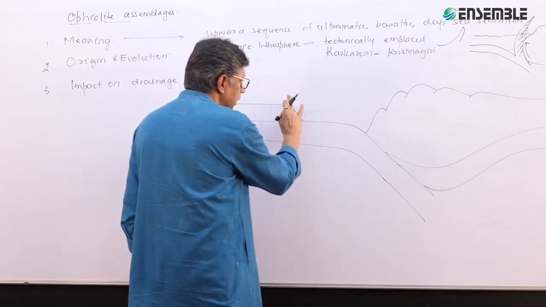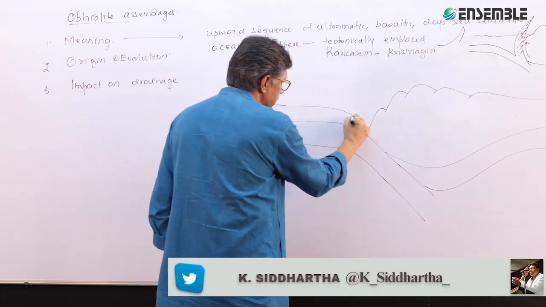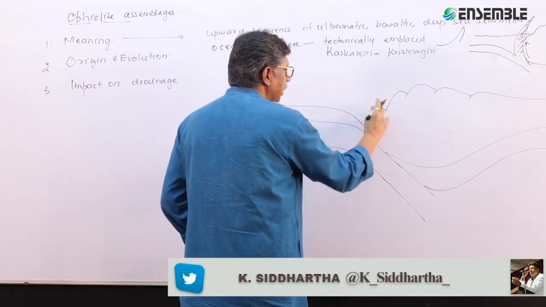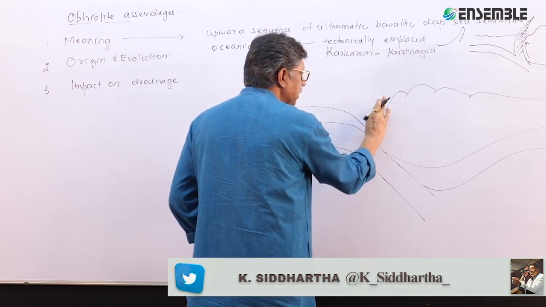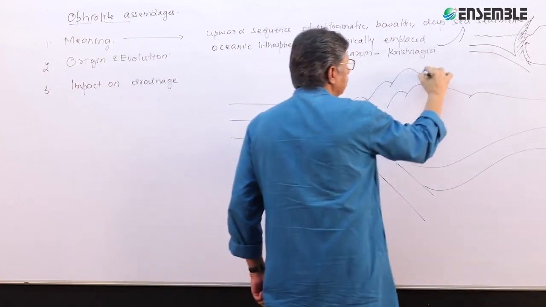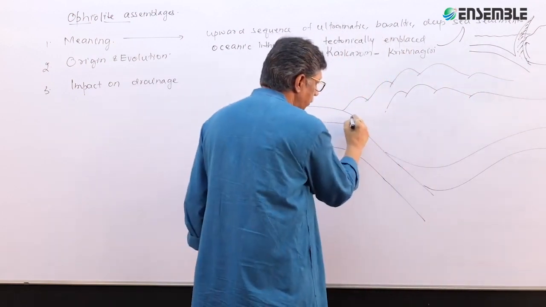What happened was, as India approached it, it was going to be compressed even more. And then these mountains rose further as India went on to approach it.